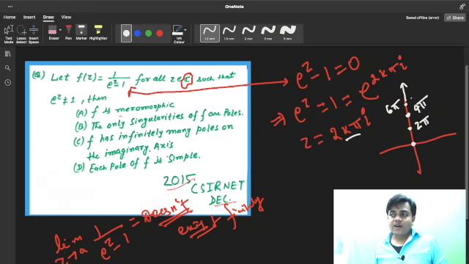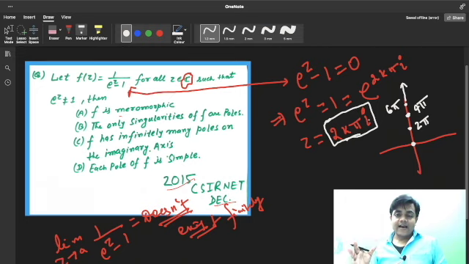So you can say all the singularities are poles only. And certainly you can find its residue, and you will get that the residue is equal to 1.